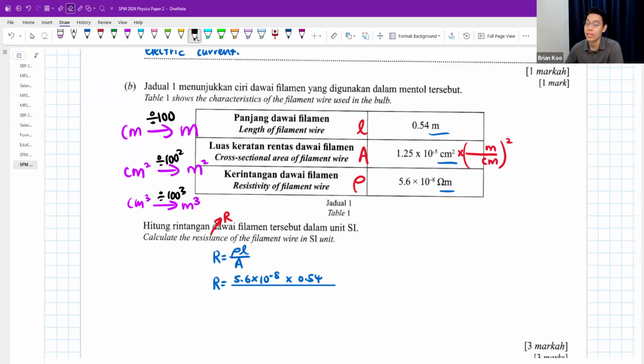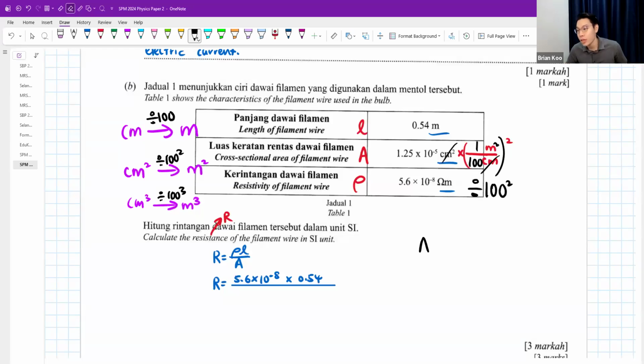Why? Because cm squared and cm squared will cancel out each other, and then you will get meter squared here. 1 meter is 100 cm, right? So when you multiply by 1 over 100 squared, it is actually the same thing as dividing by 100 squared.